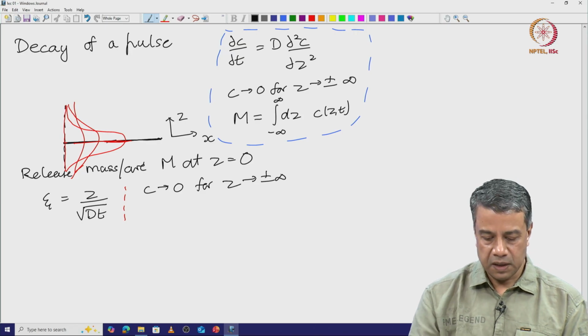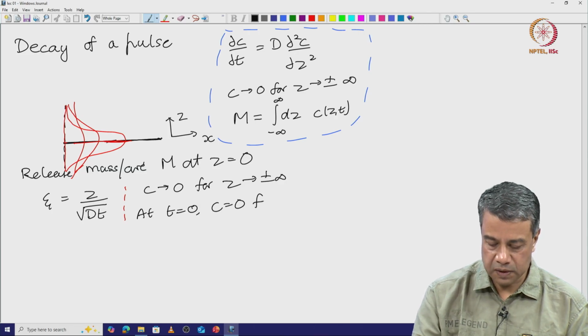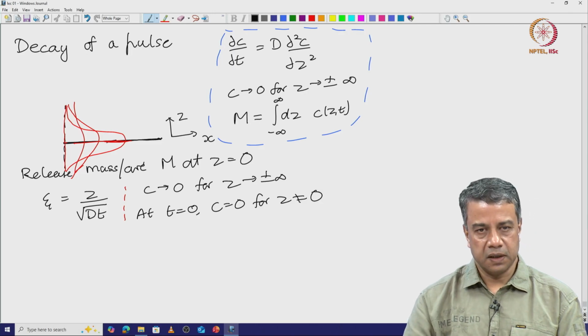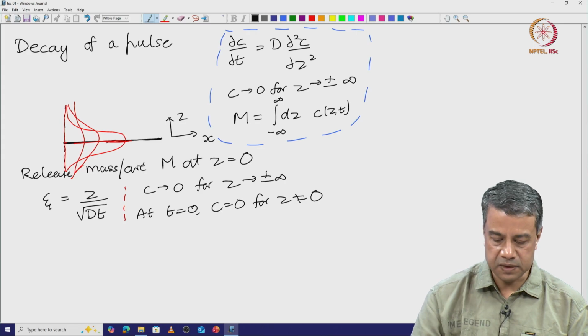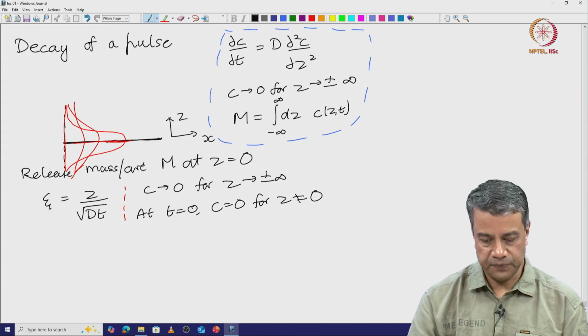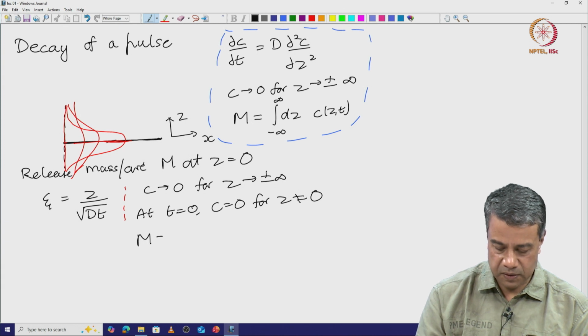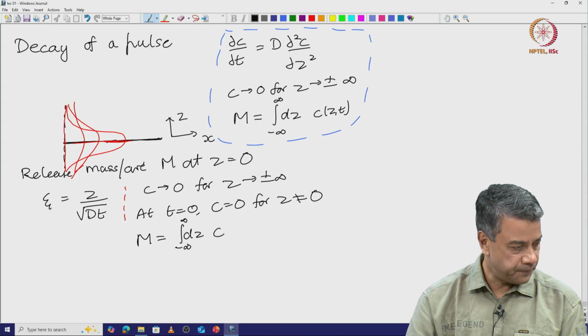And at t is equal to 0, C is equal to 0 for z not equal to 0. Initially you are releasing the mass only at z equals 0. And then I have this condition that the total mass per unit area has to be equal to the integral from minus infinity to infinity of dz times C.